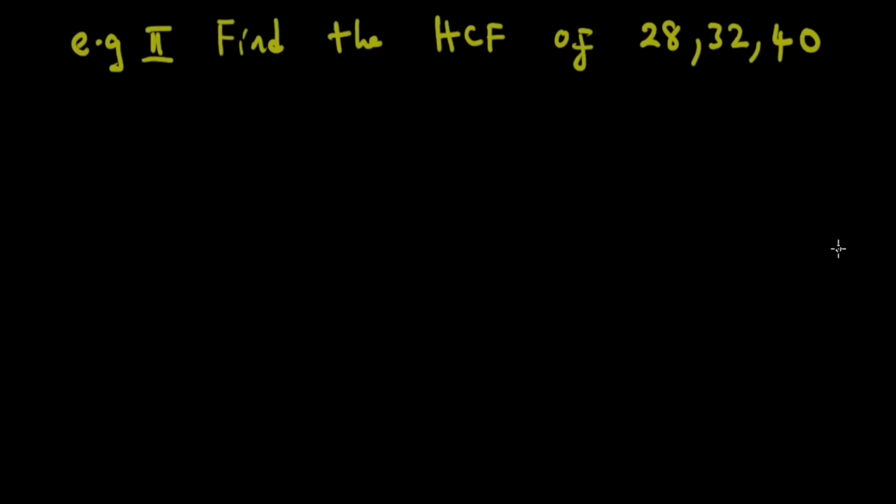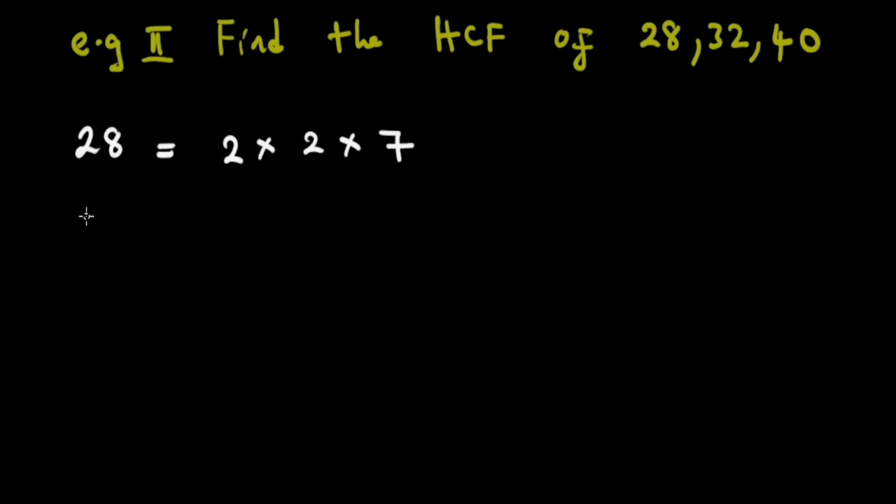I am not going to set it out the way we did for example number 1. I'm just going to express 28, 32 and 40 as a product of their factors. So 28 is equal to 2 times 2 times 7.